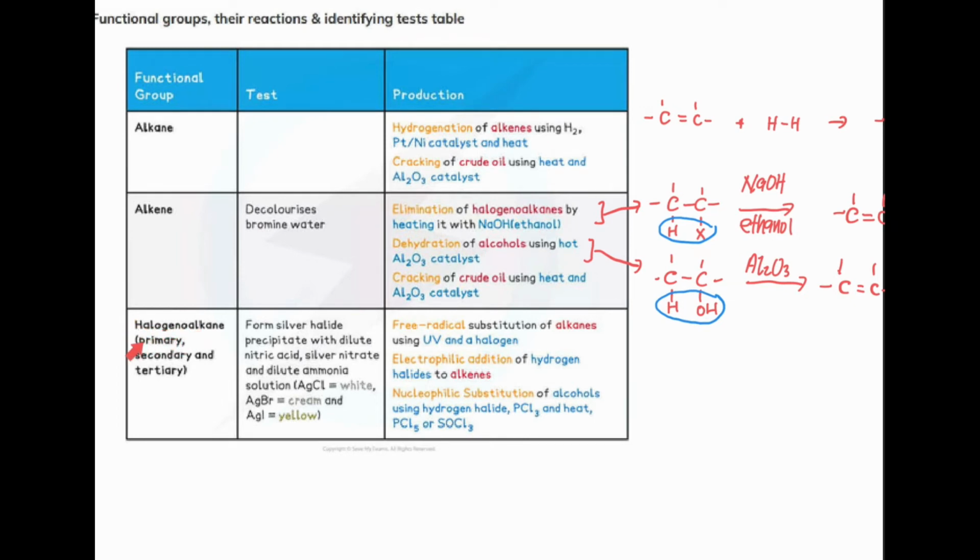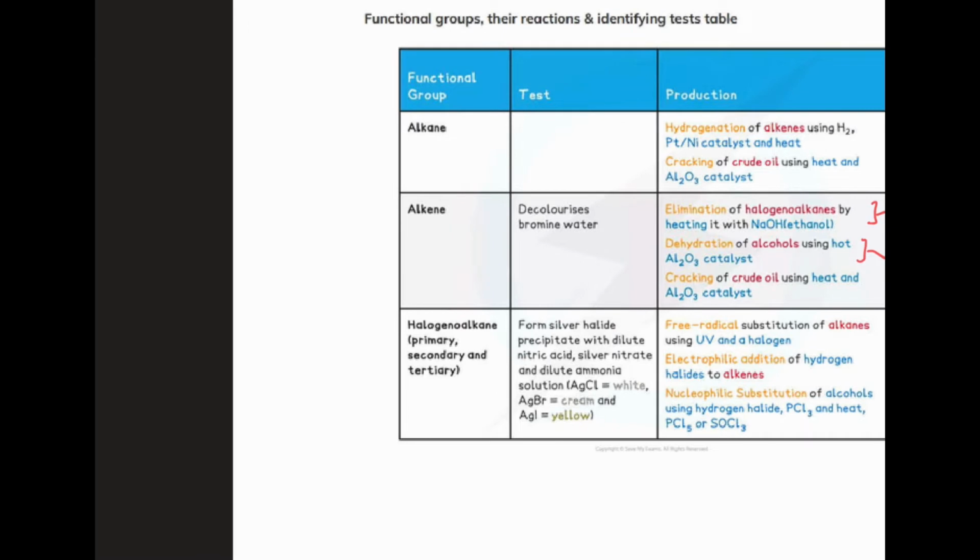Okay, then we look at the third one: halogenoalkanes. We have primary, secondary and tertiary halogenoalkane, three types. If you can't remember which is primary and which is secondary, a quick revision. C with halogen. If you have one alkyl group and two hydrogens, this is primary.